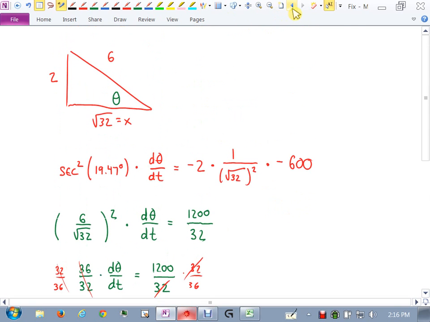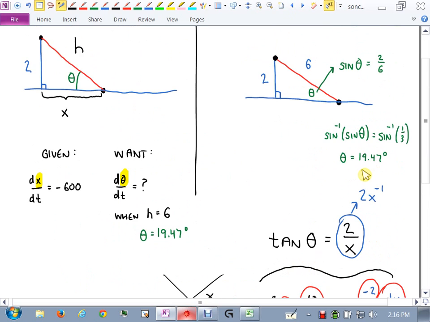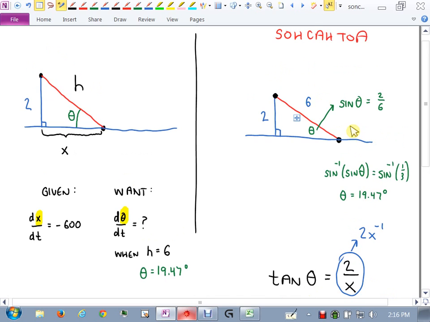Someone else on their calculator said that they were in degree mode, and they did the arc sine of 1/3. Arc sine of 1/3, or inverse sine, is on a key on your calculator. And then you got 19.47 also. Okay. That's because what I knew was that this theta was connected to this triangle.